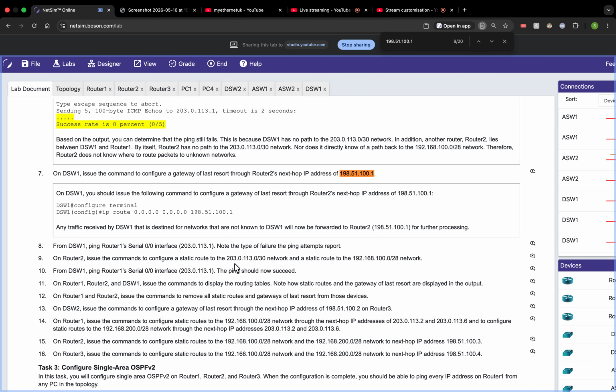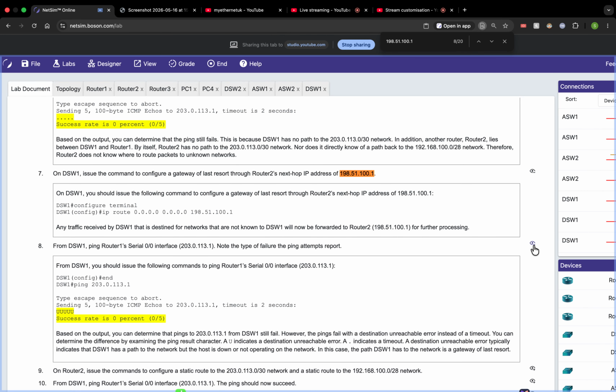The next hop address belongs to router 2. That's what we're doing there, setting the default route. So we've done that.